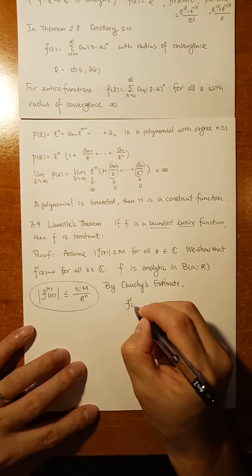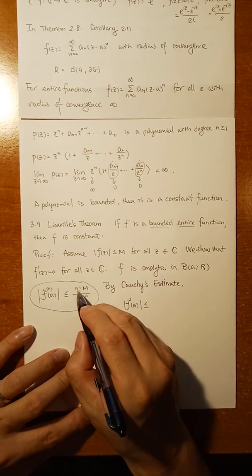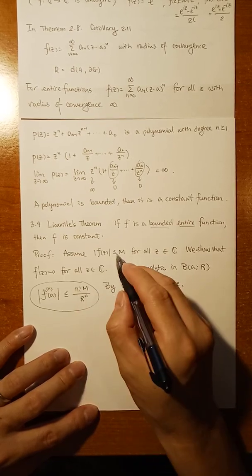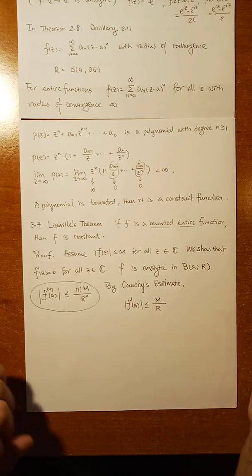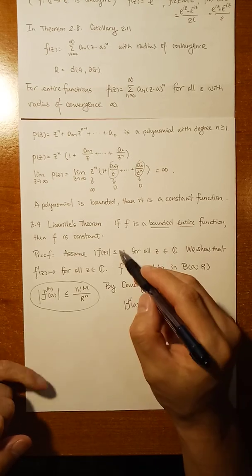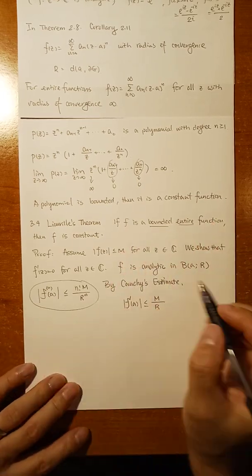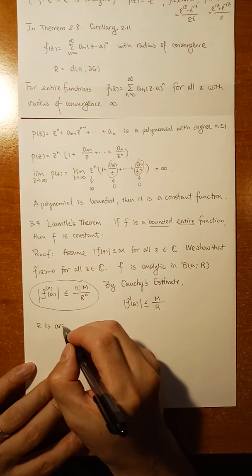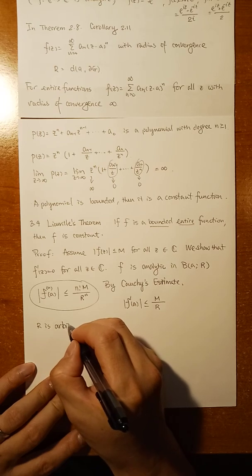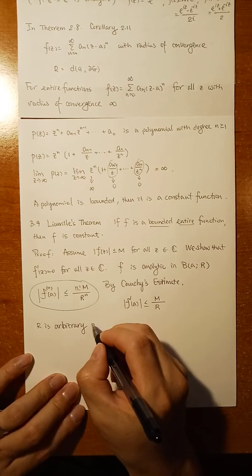So the modulus of f prime of a is going to be less than or equal to n factorial, which is 1, times M over R to the n, R. So be careful, this M is fixed, this R is whatever R. So here, R is arbitrary and positive.